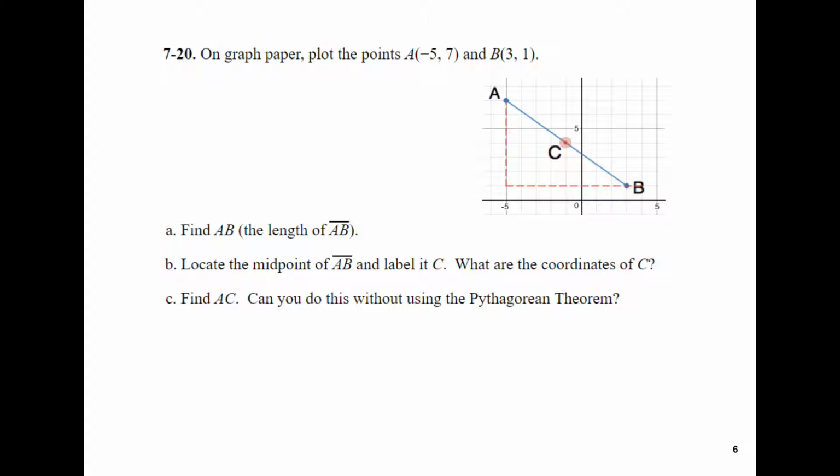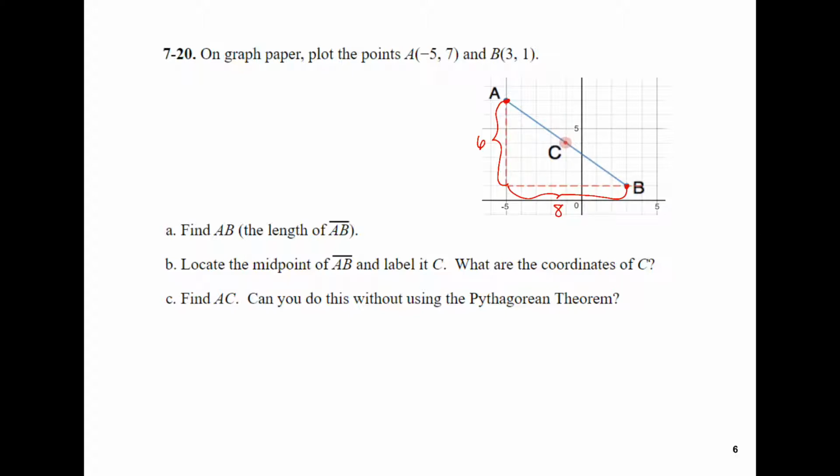7-20 says on graph paper, plot the points A (-5, 7) and B (3, 1). So you can see on the graph paper below, I did in fact plot A and B in their appropriate locations. It then said find the length of AB. So in order to find the length, I can see that this side of my triangle is 6 units. I can see that the base of my triangle is 8 units.